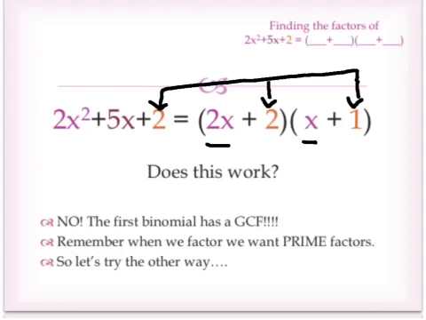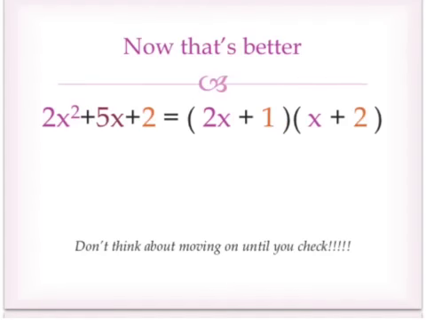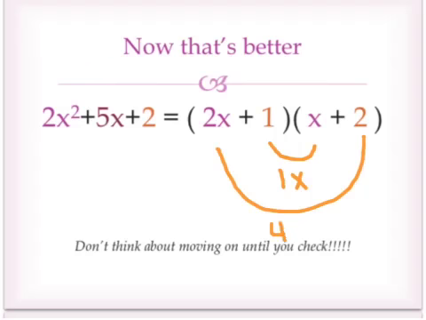Okay? So we need to switch the 2 and the 1 around. Alright, so I switch the 2 and the 1 around, and let's see if this comes out fine. That'll give me 1x. This gives me 4x. And when I add them together, I get 5x, which is my middle term, so I know that I've done it right.